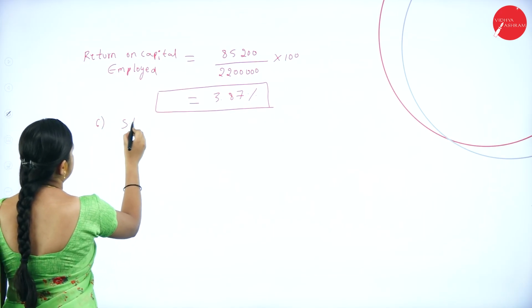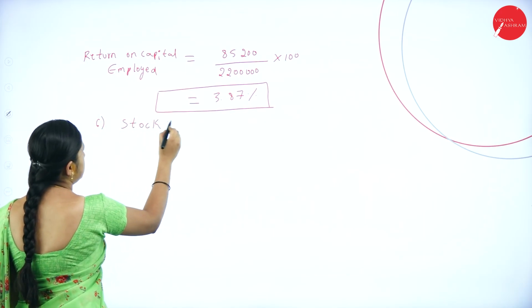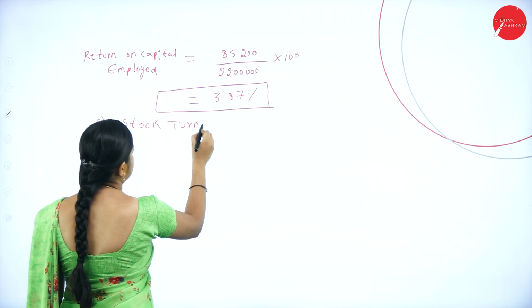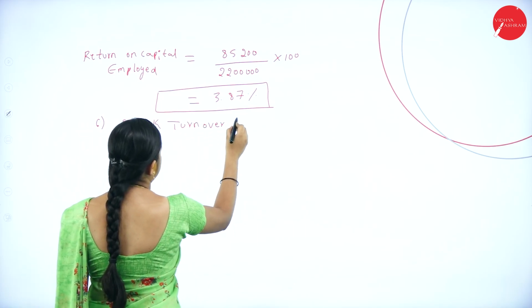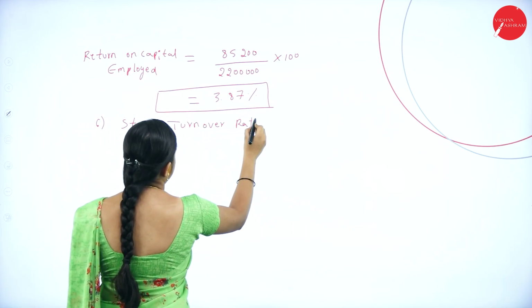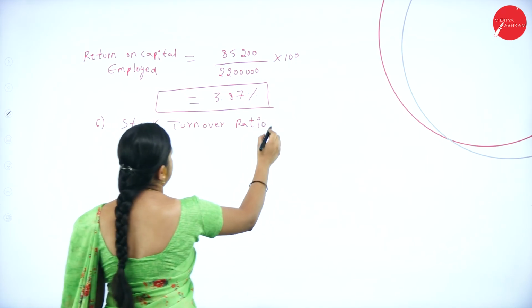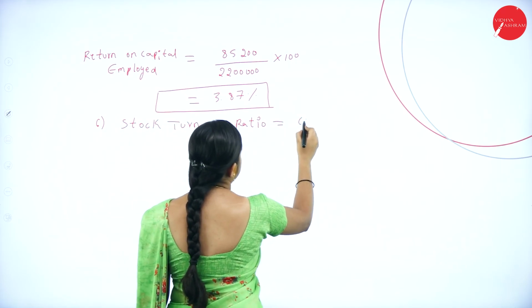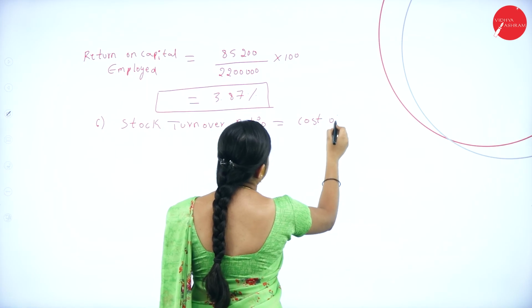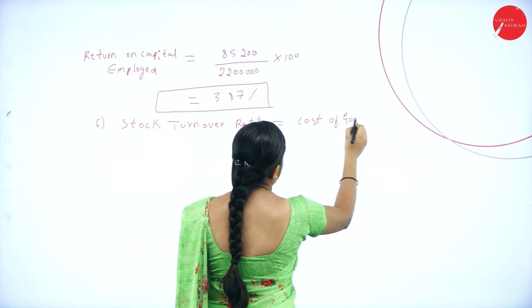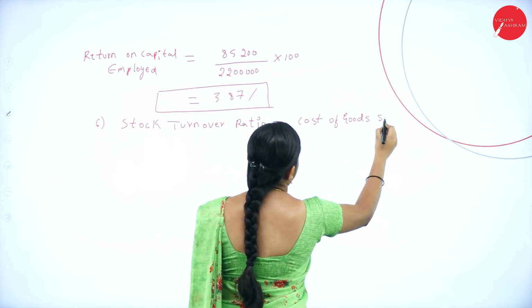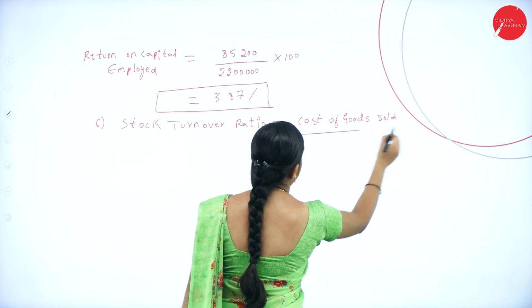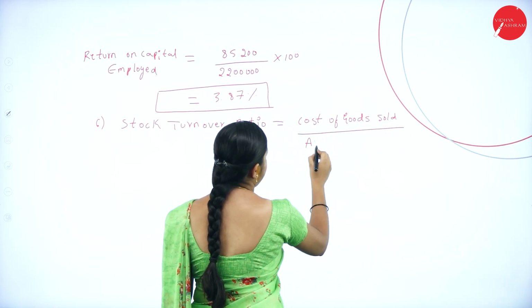Next, last one, stock turnover ratio. Stock turnover ratio is equal to cost of goods sold divided by average stock.